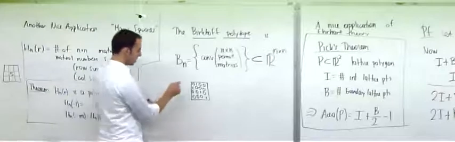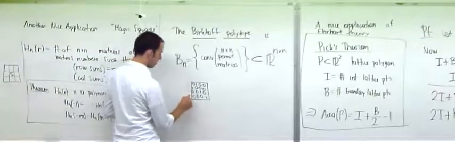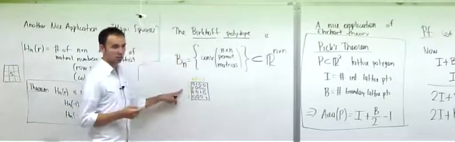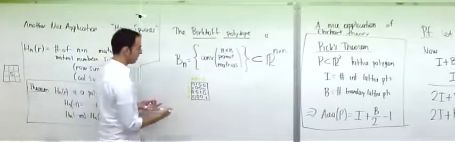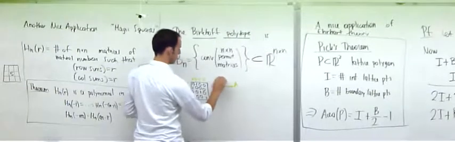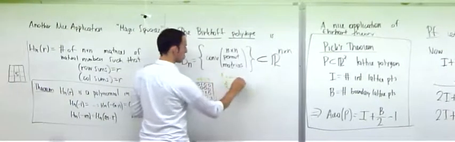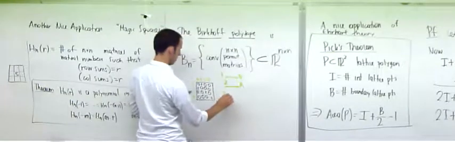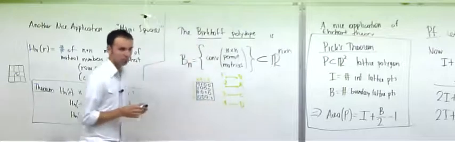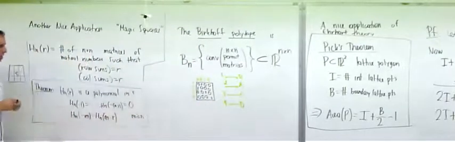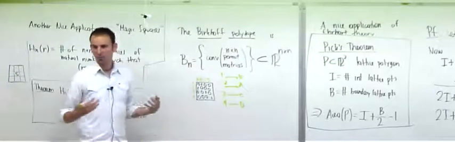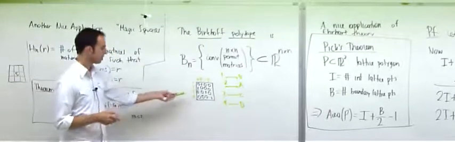You should think that these are the men 1, 2, 3, and 4, and these are the women A, B, C, and D. And this exactly corresponds to matching up dates between 2 and A, 1 and B, 3 and C, and 4 and D. So the vertices of this polytope exactly correspond to the possible ways that you can match up n men and n women.